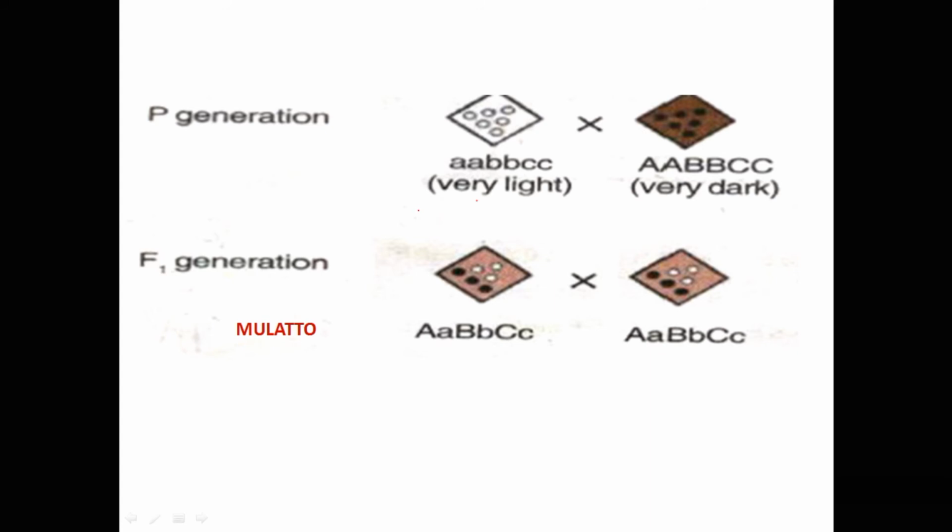In this cross, there is a mating between a very light skinned person and a very dark skinned person. And then the intermediate skin colored individuals, that is mulatto, are obtained in F1 generation. You can see here 3 of the alleles are dominant and 3 recessive.